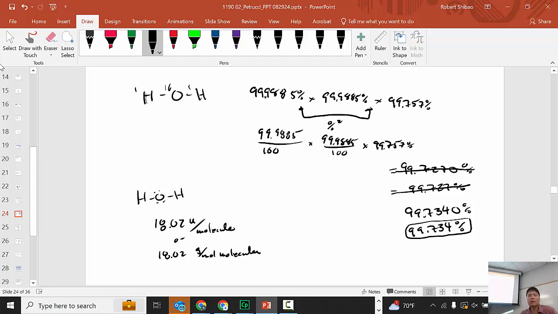All right, so this is quite nice because we could either use U per particle or grams per mole of particles, because of the way the mole was defined. We could use either of these two units for the same number, and the reason we could do that is because of how the mole was defined.